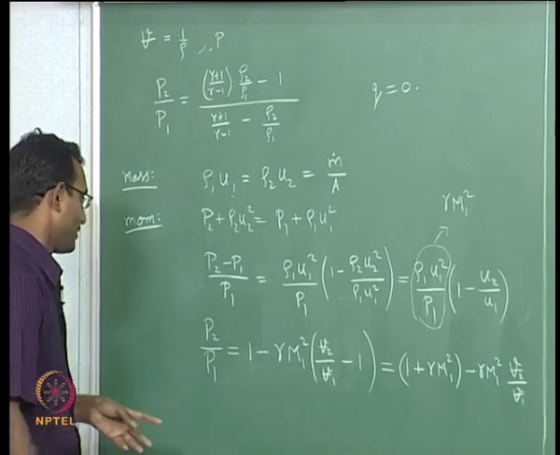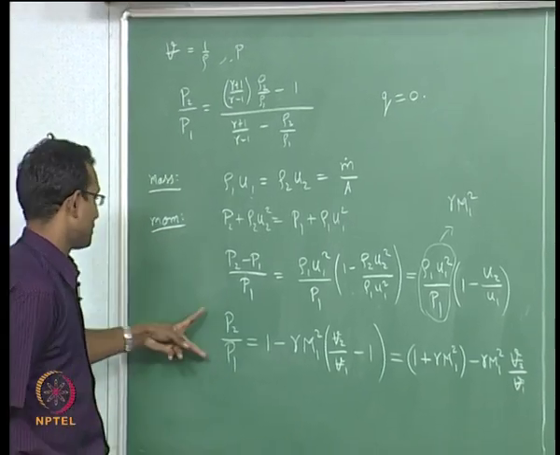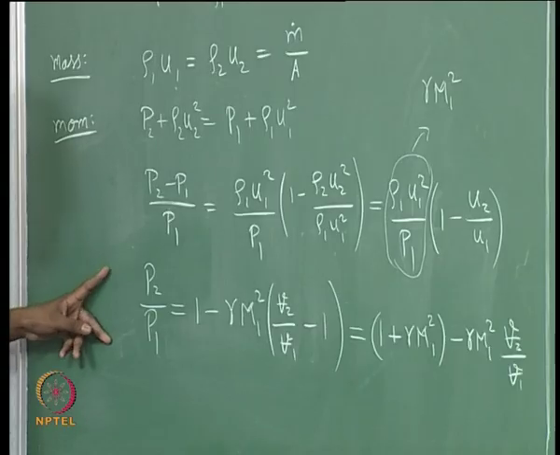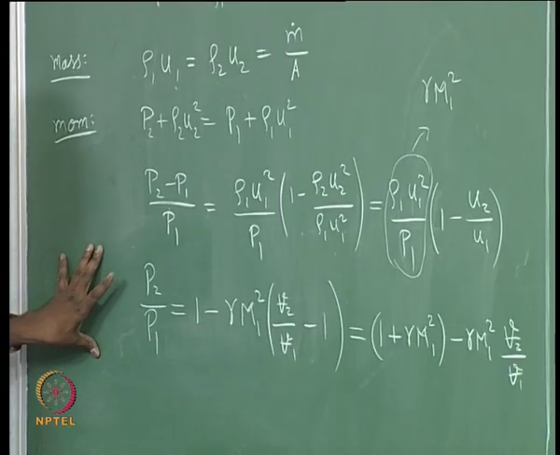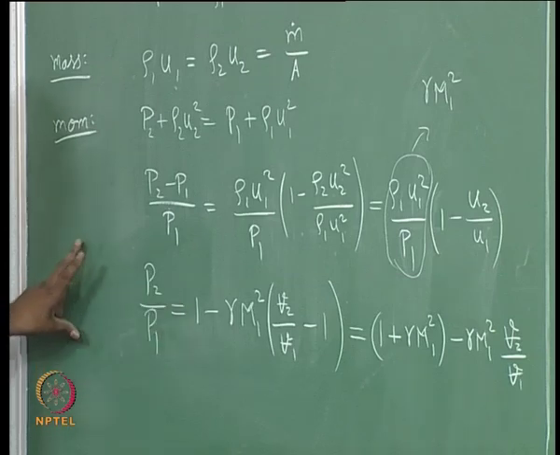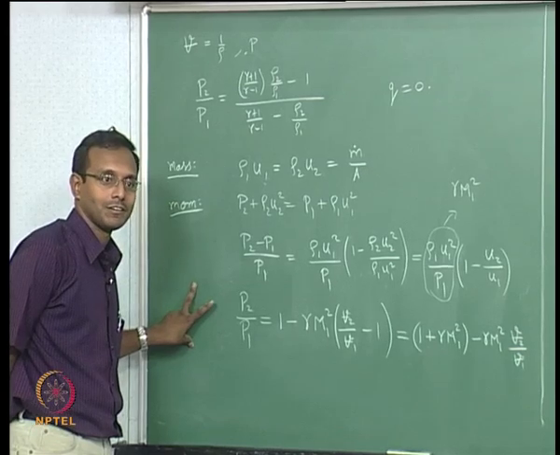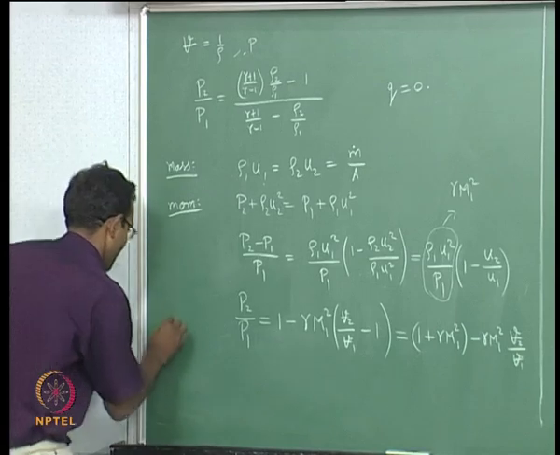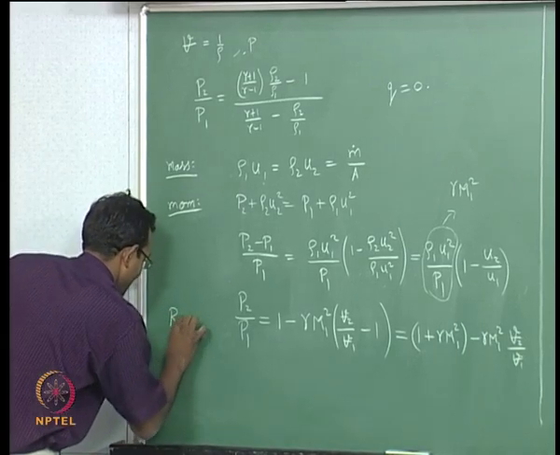Okay. What we are seeing here is this expression I got from mass equation and momentum equation. Okay. By the way, this is the same thing as what I did for shocks, I have just written it in a different form. This is your Rayleigh line, okay, in your shocks. I do not know whether I gave it as Rayleigh line, but now I will call this the Rayleigh line.